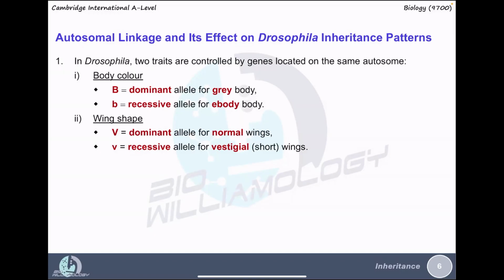Because at a later stage I have a diagram which uses B and V, and I have no choice but to follow it. However, in the exam, when you choose the letter to write, make sure that the letters look very distinctive or very different when written in capital and lowercase.